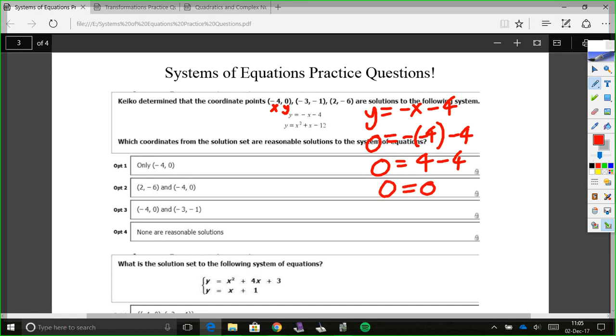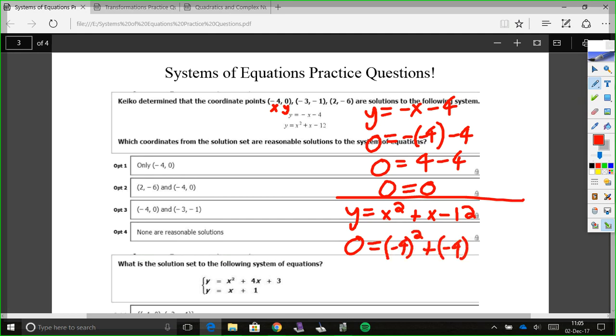Let's see if this same point works for the second equation. The second equation is y equals x squared plus x minus 12. We're just going to plug in 0 again for y, and then -4 for x. Notice we're plugging it in twice here because there's two places to plug in x. But we're just plugging in the numbers and then evaluating.